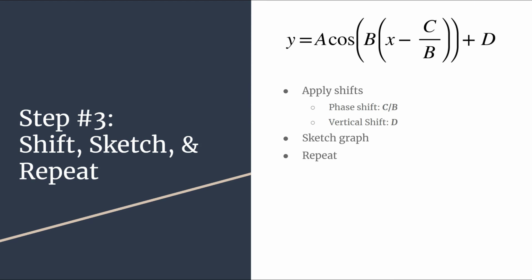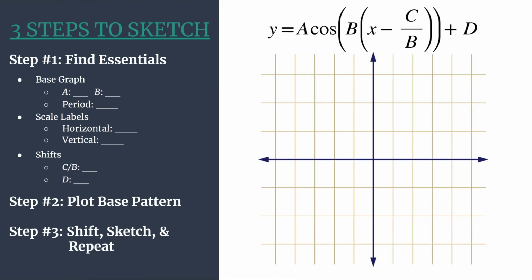Okay, so now let's take a look at a template that you can use when tackling examples that will follow this method. On the left you have the method and you have the template. You have the reminder of the steps, and notice that in step 1, that's where you're finding the majority of your information, broken down into your base graph and your scale labels, which you'll use in step 2, and this will be everything that you would have done in a basic or unshifted cosine graph.